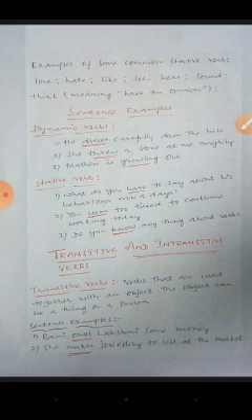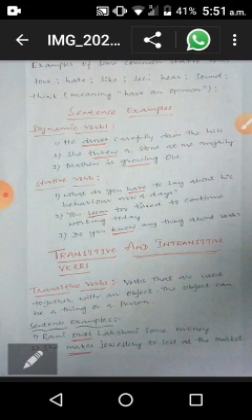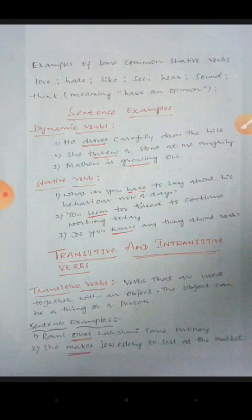Now let us discuss transitive and intransitive verbs. Transitive verbs are verbs that are used together with an object. The object can be a thing or a person. I'll explain with an example.